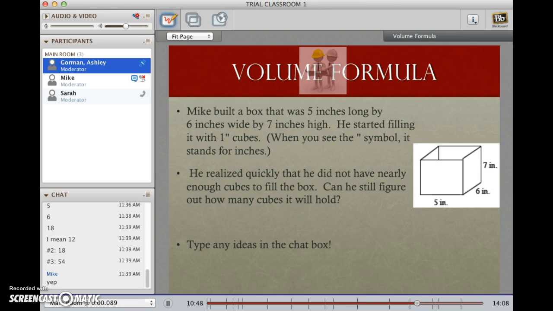I'll go ahead and circle it. This means inches. He realized quickly that he didn't have enough cubes to fill up that box, but he wants to figure out how many cubes it could hold. So, go ahead and see if you can come up with an answer. When you're ready, you can go ahead and put your answer in the box.